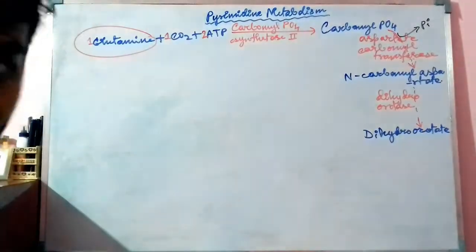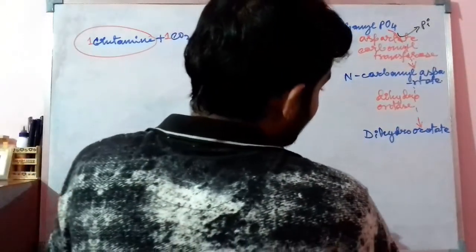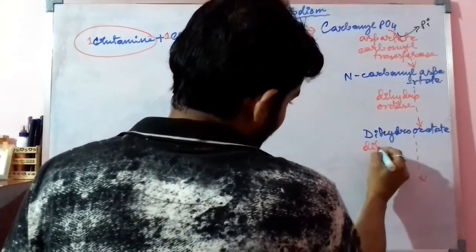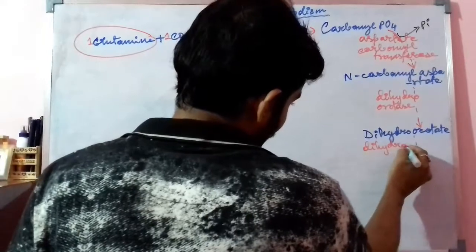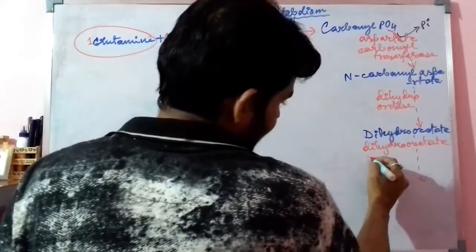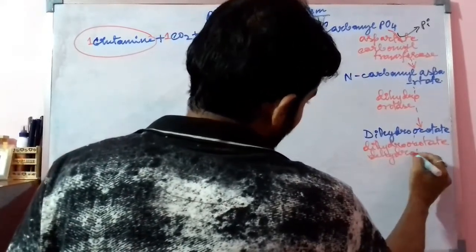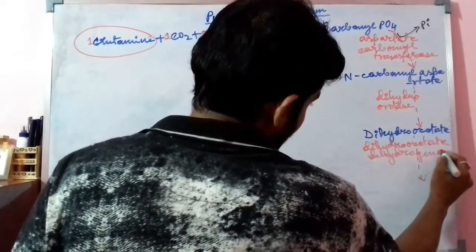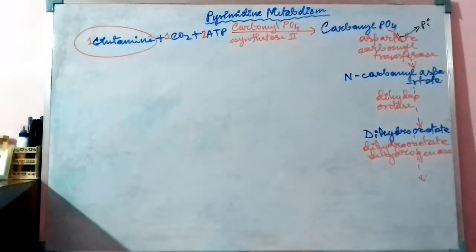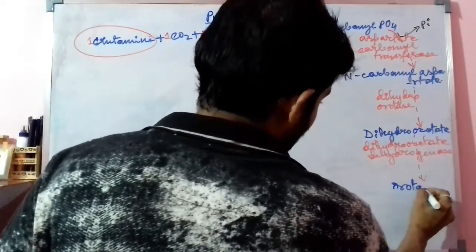Now this dihydroorotate, again in the presence of dihydroorotate dehydrogenase, gets converted to orotate.